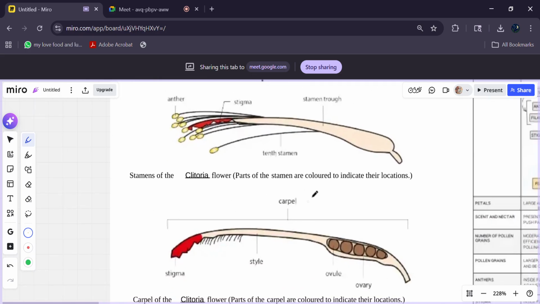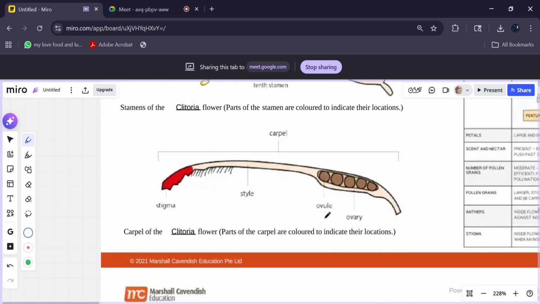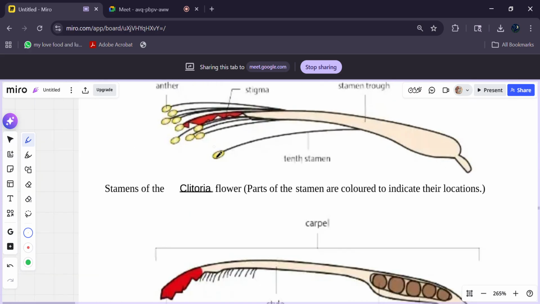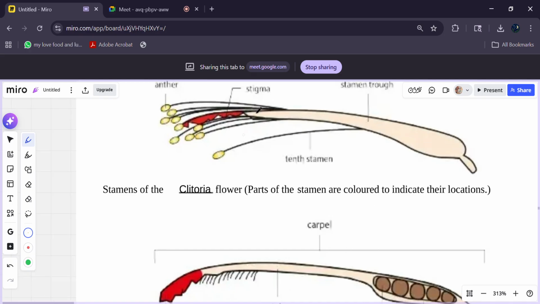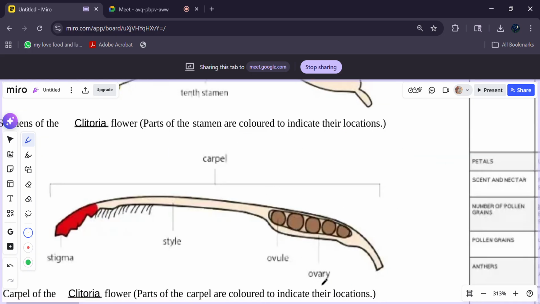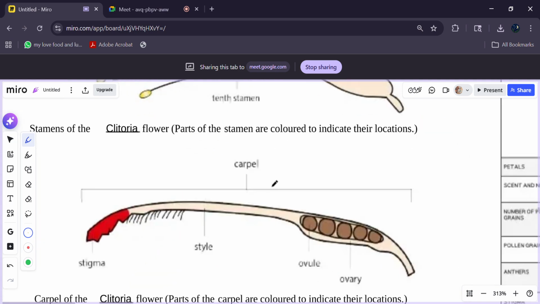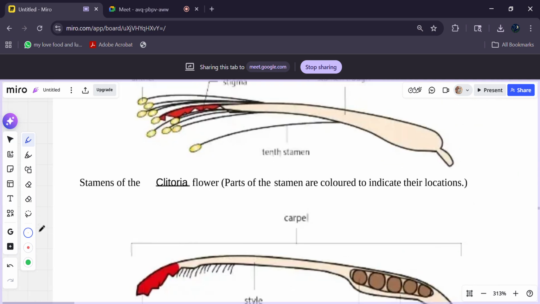The female carpel contains the style, stigma, ovule, and ovary. Now, the anther produces pollen grains, which consist of the male gametes, while the ovule produces female gametes.